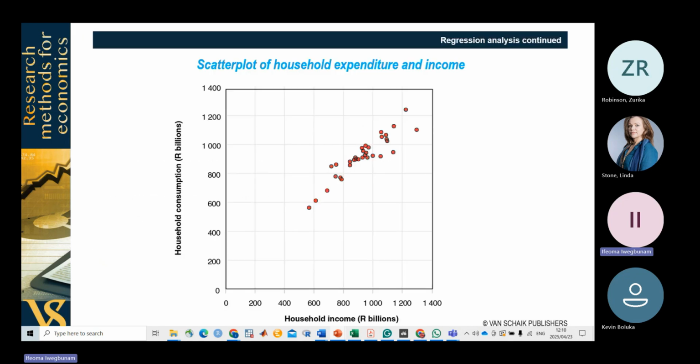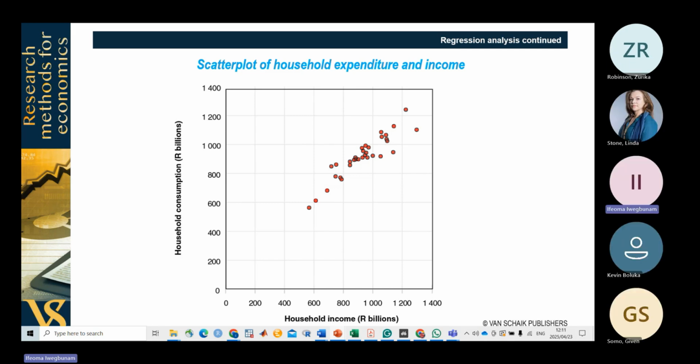Then looking at this scatter plot of household expenditure and income, as I explained before, there is a correlation between the variables. When we want to check whether there is a correlation between the variables, we need to watch and check the direction, the movement of the variables involved. In this case, it is household expenditure and also household income. As we can see from the scatter plots, both the variables are moving in the same direction.